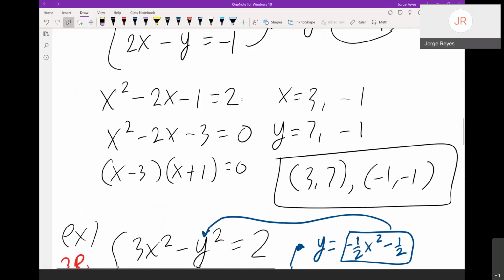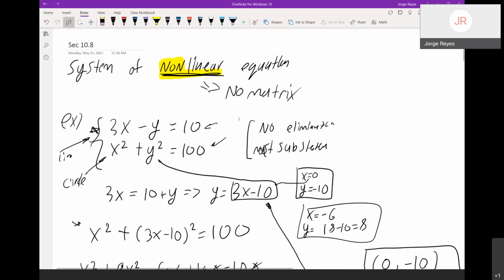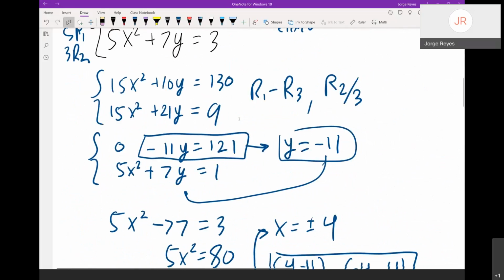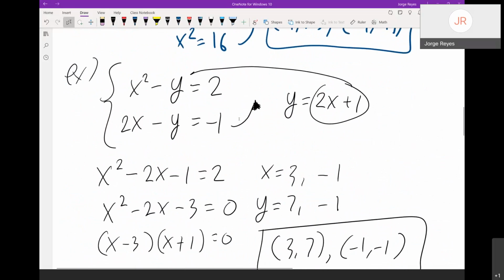It's probably honestly the most difficult section of the entire class because every problem is unique. You kind of just have to stare at it and decide what's the best course of action. Should you eliminate? Should you substitute? Should you eliminate first and then substitute?